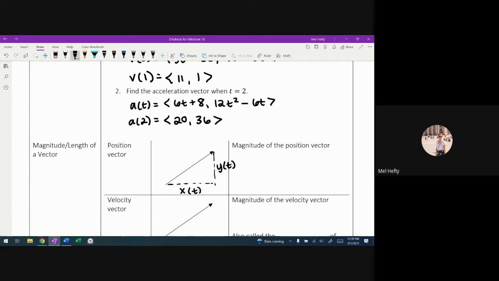So let's say we wanted to know the distance along that arrow. What old dead Greek man can we ask to help us? Pythagoras. So I would argue that this side would be the square root of x of t squared plus y of t squared. Would you agree?